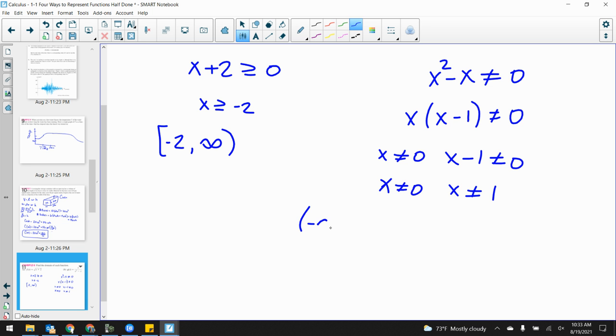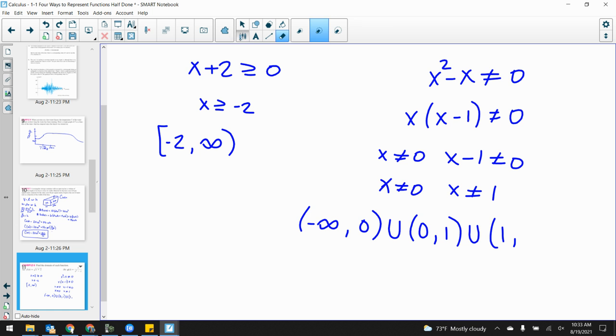So from negative infinity to 0 can be a solution, as well as anything between 0 and 1, as well as anything above 1. Oh, to infinity. Oops. Or to 0. That's what that would look like.